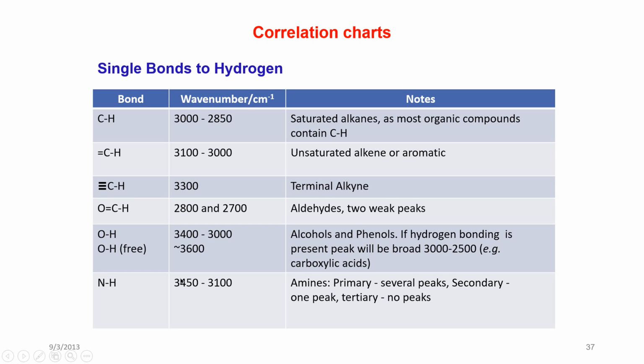And in case of NH, the stretching frequency for primary amines will occur around 3450 to 3100. As you can see here, oxygen is more electronegative than nitrogen, hence the bond length here increases. That's why the peak frequency will change.